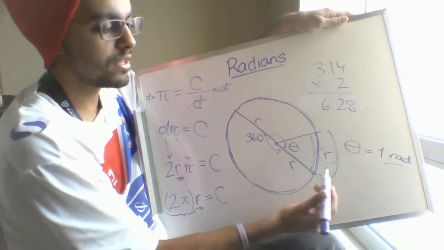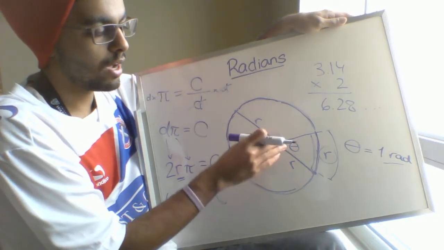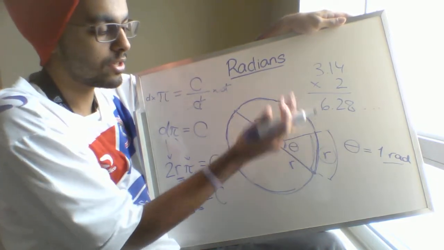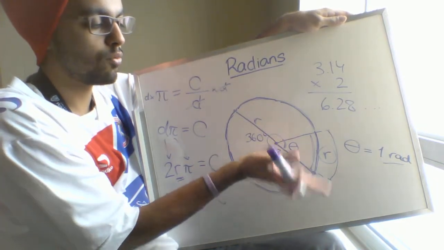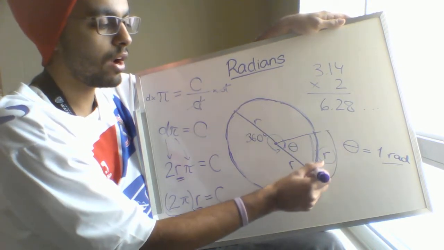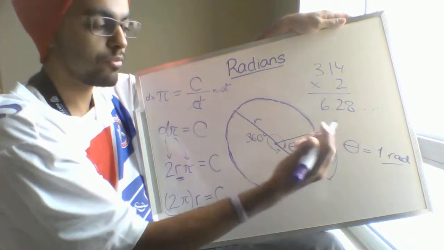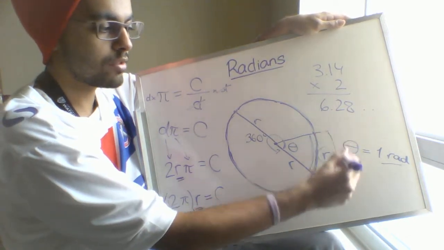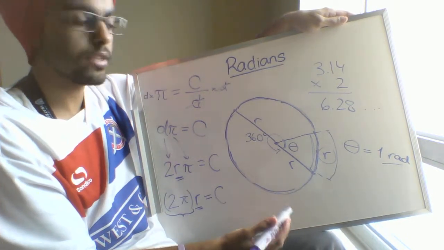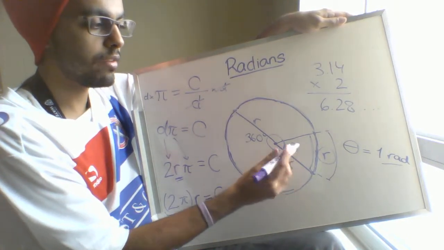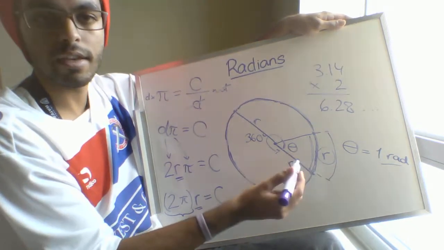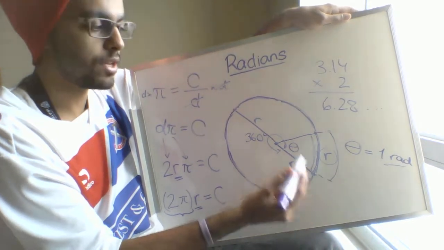So 1 radian is defined as the angle where, if you go from some starting point and rotate by 1 radian, the arc length you cover on the circumference of the circle is equal to the radius of the circle. So if this angle is exactly 1 radian, this line is exactly the length of the radius. That's basically what it's trying to tell you.